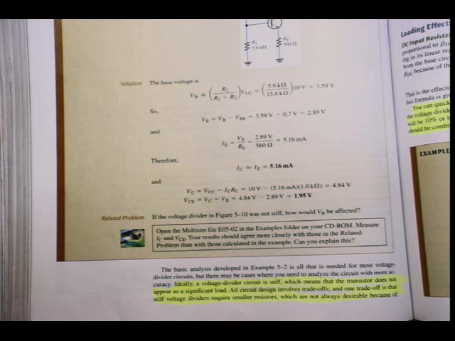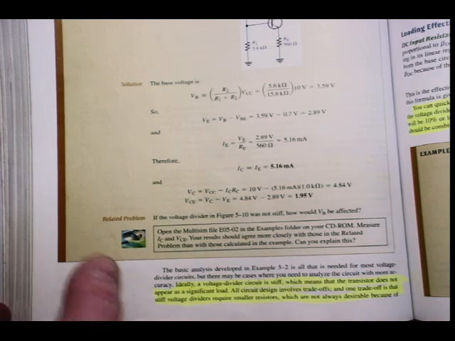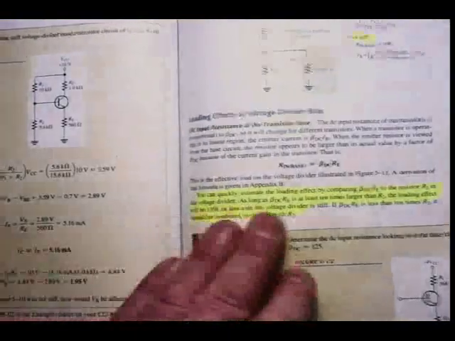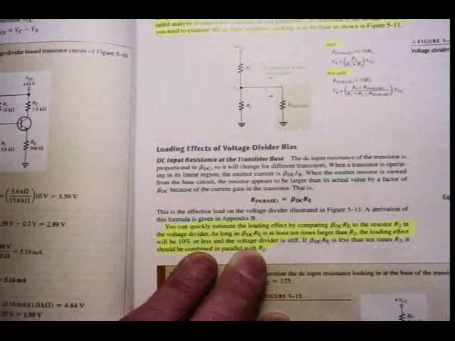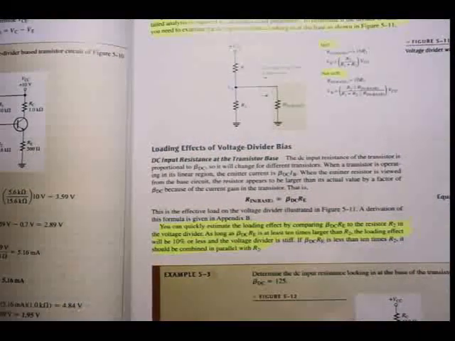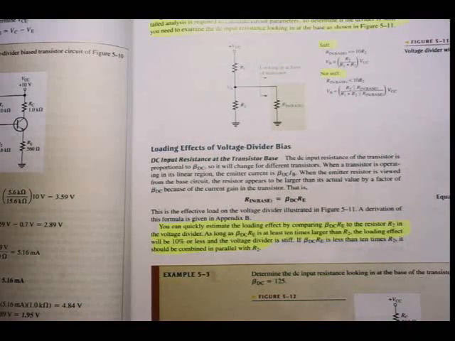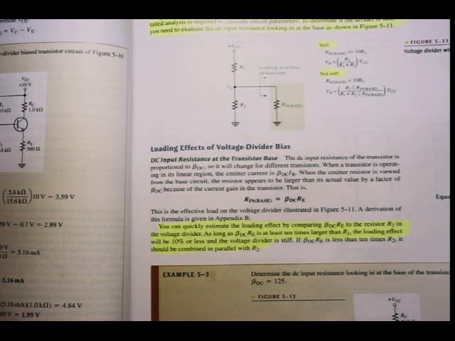All circuit design involves trade-offs, and one trade-off is that the stiff voltage dividers require smaller resistors, which are not always desirable because of potential loading effects on other circuits and added power requirements. If the circuit designer wanted to raise the input resistance, the divider string may not be stiff, and more detailed analysis is required to calculate the circuit parameters.